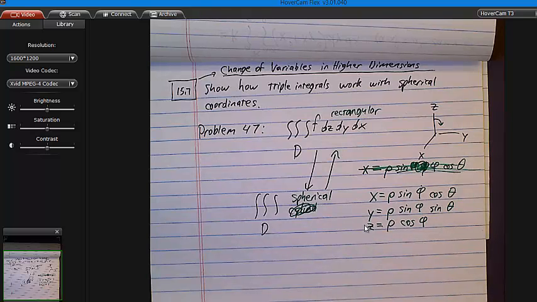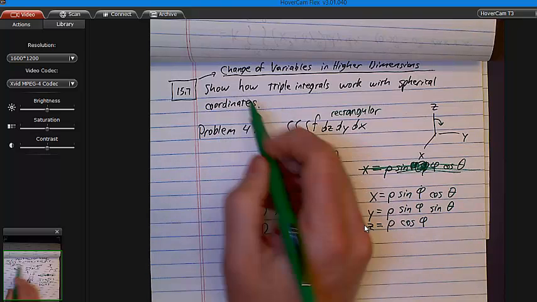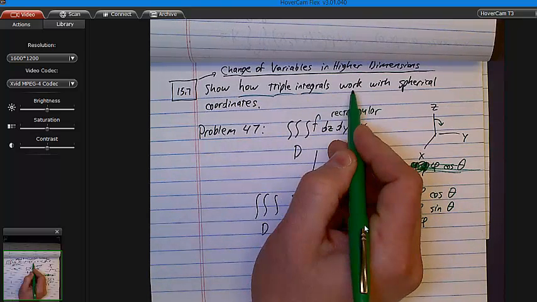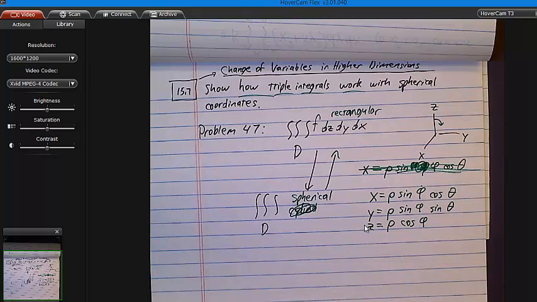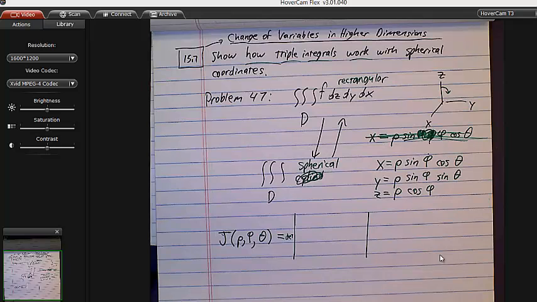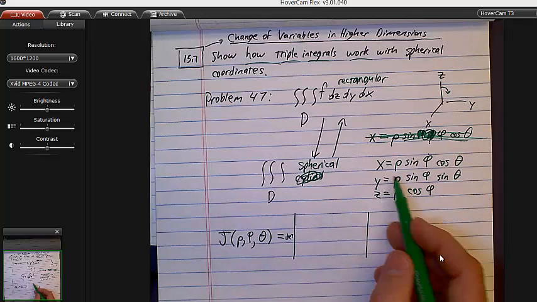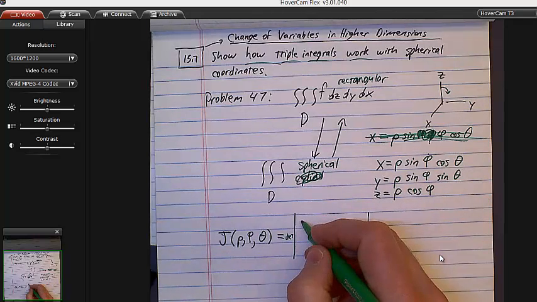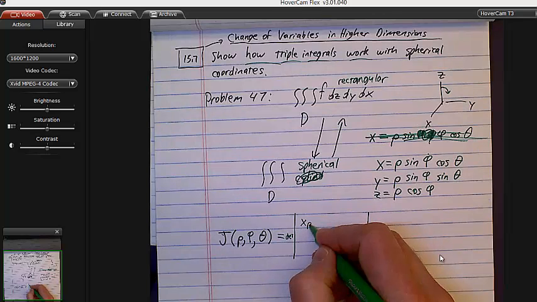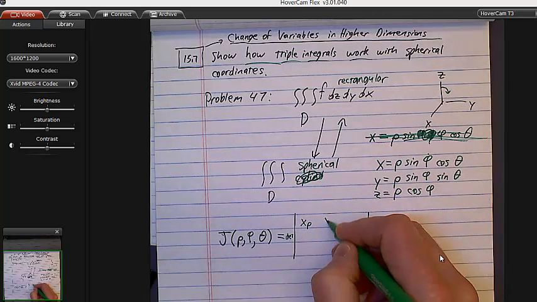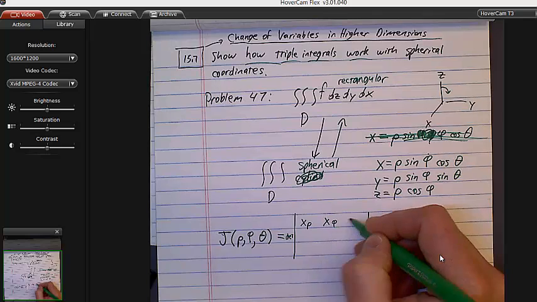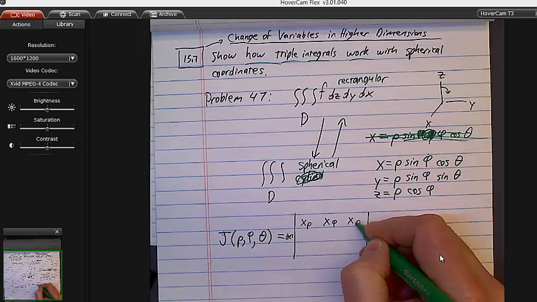Okay? And so what we're supposed to do here is show, again, how triple integrals work. What they say to do is just compute the Jacobian. So what I have, for instance, is x rho, x phi, and x theta.